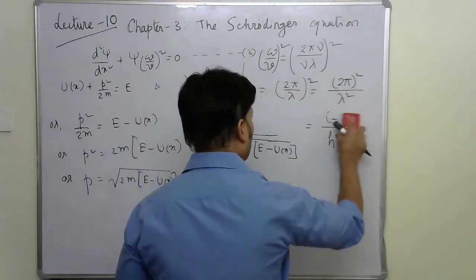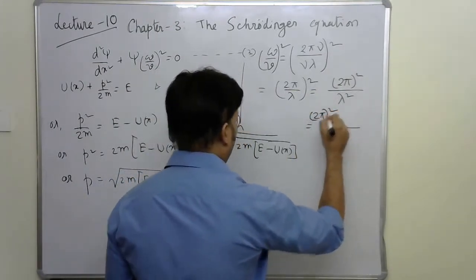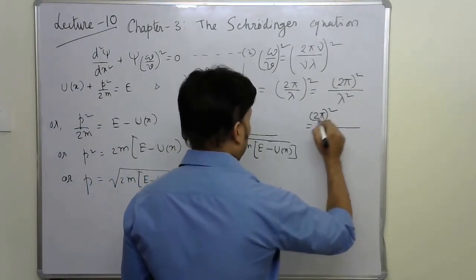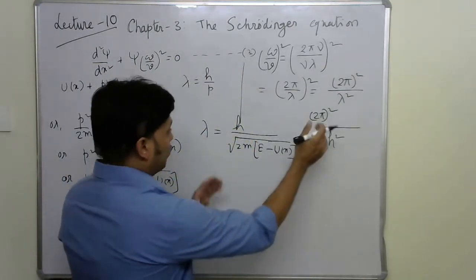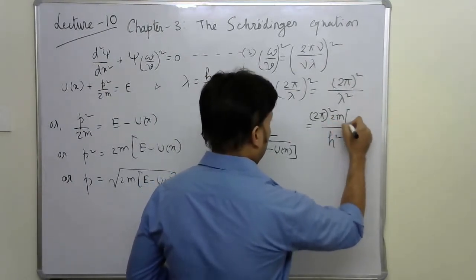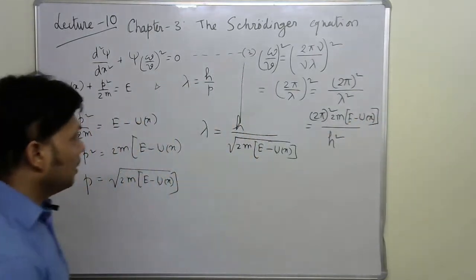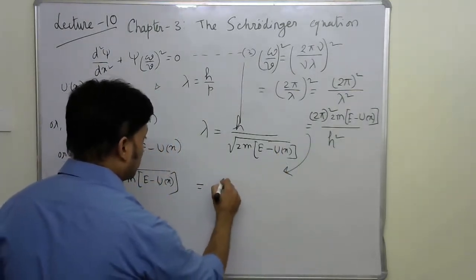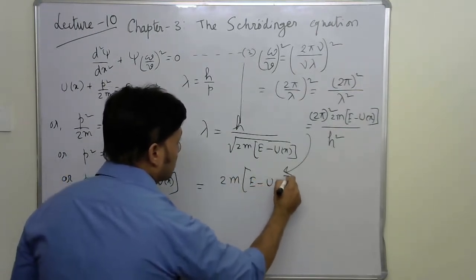So the top part becomes (2π)² multiplied by 2m (E minus U(x)). So further we can write it as 2m (E minus U(x)).